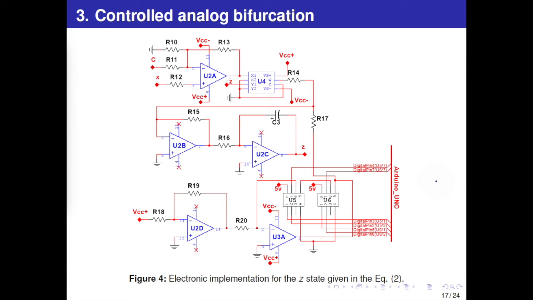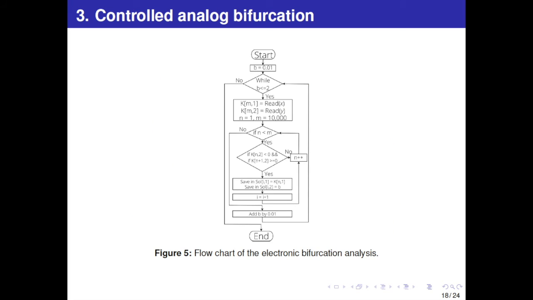After this control change in the bifurcation of the circuit, the voltage solution of the states of the system will be captured by a National Instruments MyDAQ acquisition board and processed in the computer, again with the MATLAB software. The flowchart of the experiment is depicted here.